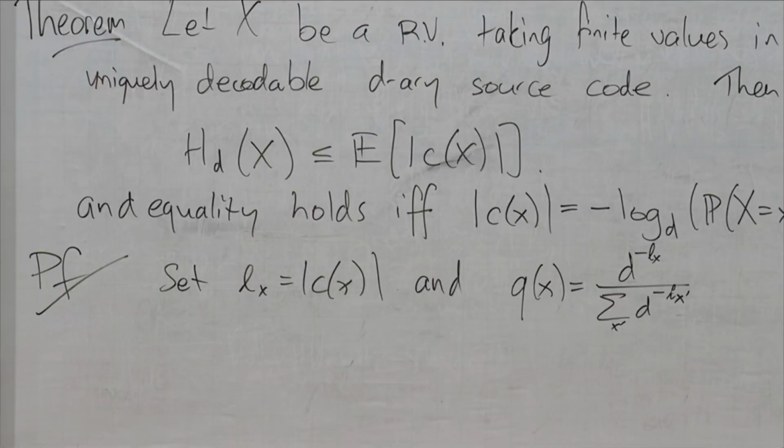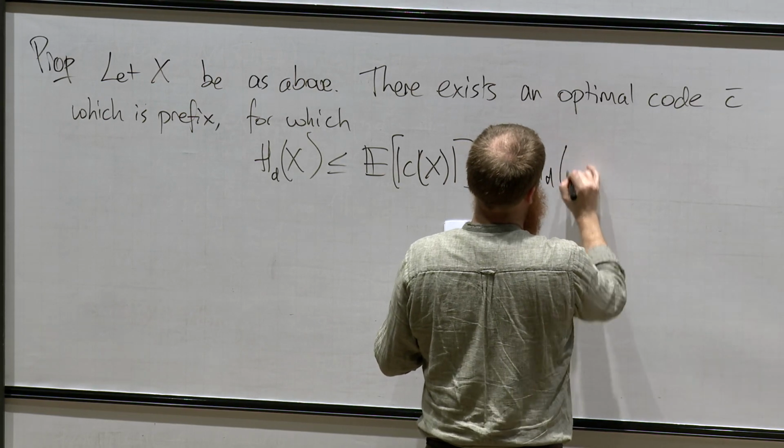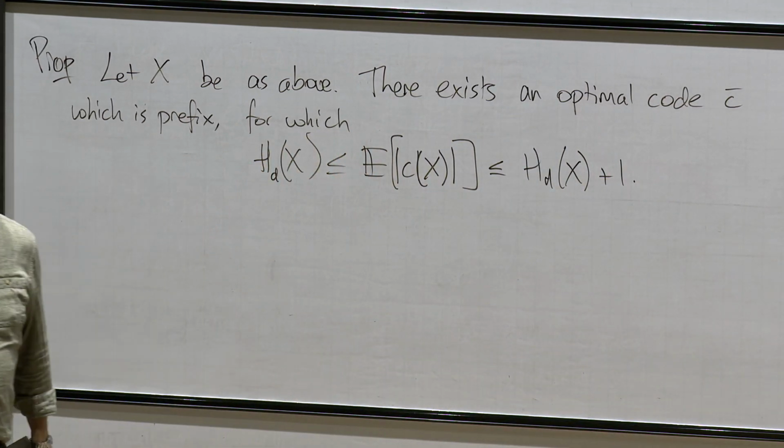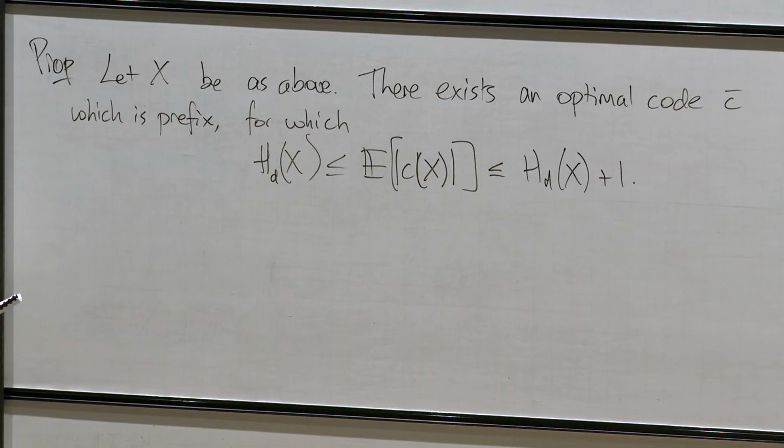So this is just the bound we've already got. Here's the interesting one: I can bound it above by 1 more than the entropy.